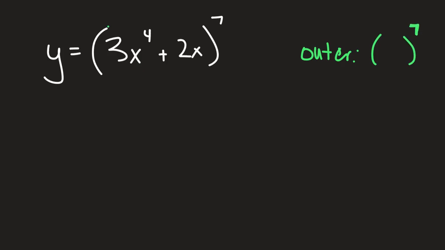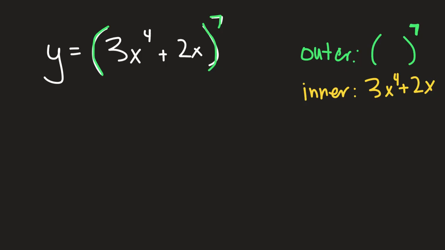We see these parentheses here and the power of 7. The 7th is on the outside of our function, so that's our outer function, and our inner function is everything inside of the parentheses.